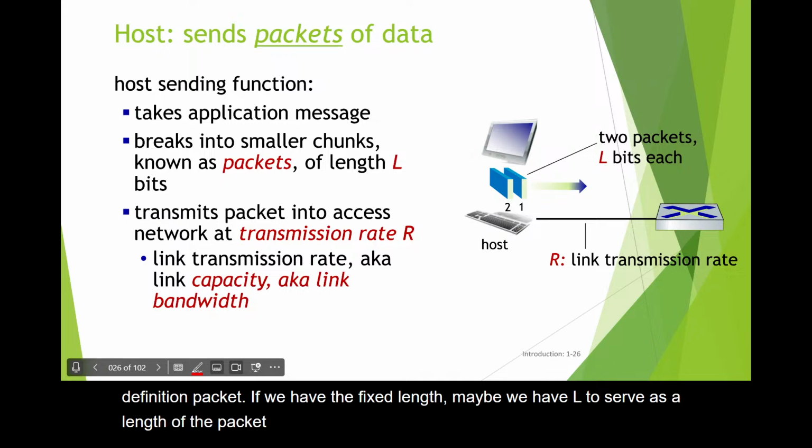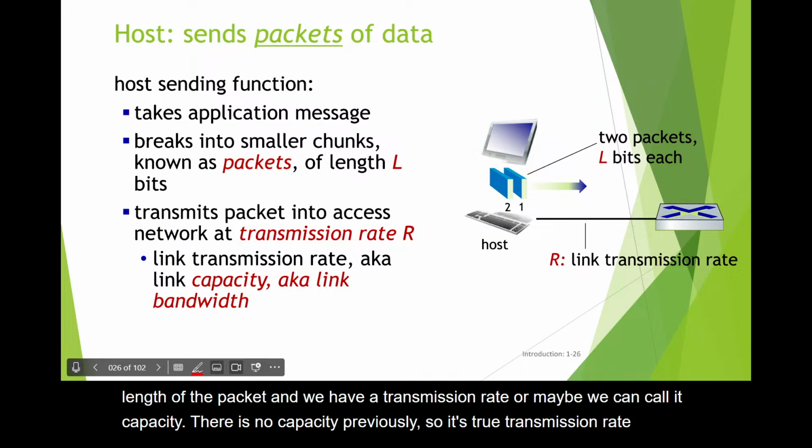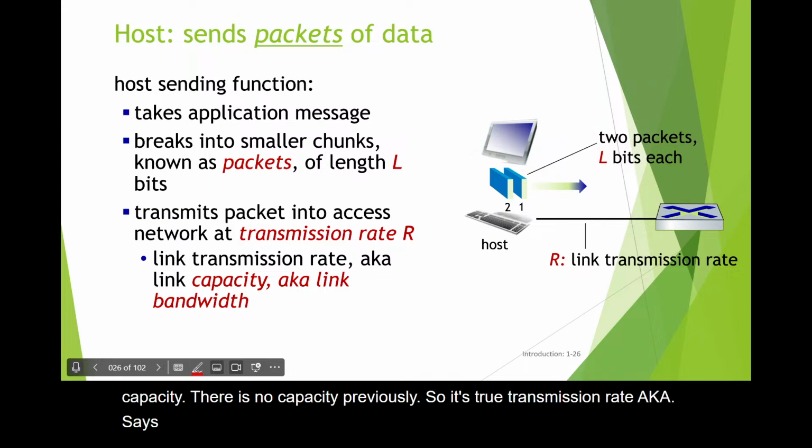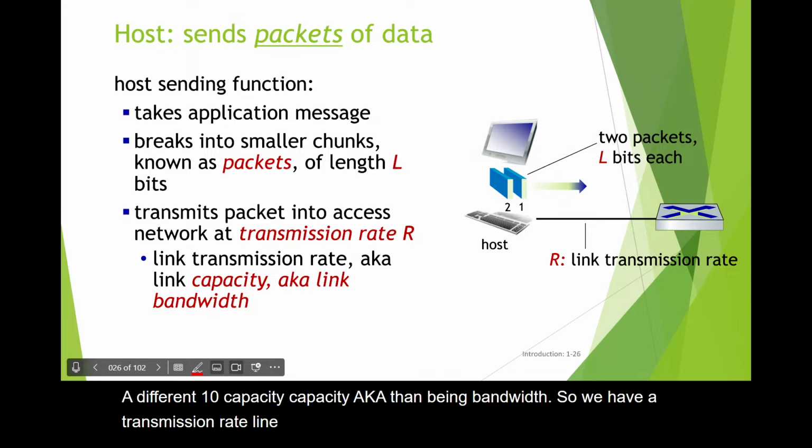And we have a transmission rate, R, or maybe we can call it capacity. Transmission rate, aka also known as capacity, aka link bandwidth. So we have transmission rate, link bandwidth, and we use R.